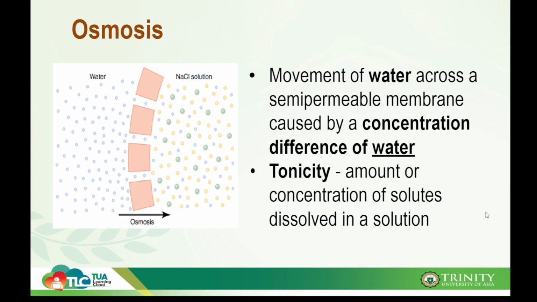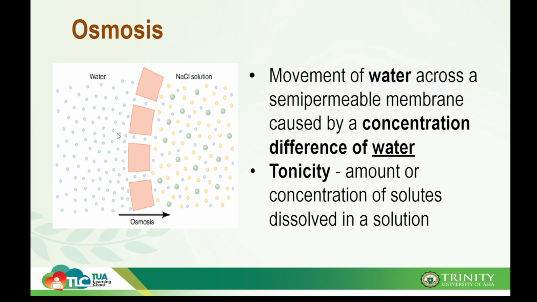So osmosis is defined as the movement of water across a semi-permeable membrane, still caused by a concentration difference of water. So when we talk about osmosis, it is the movement of water from an area of higher concentration to an area of lower concentration.